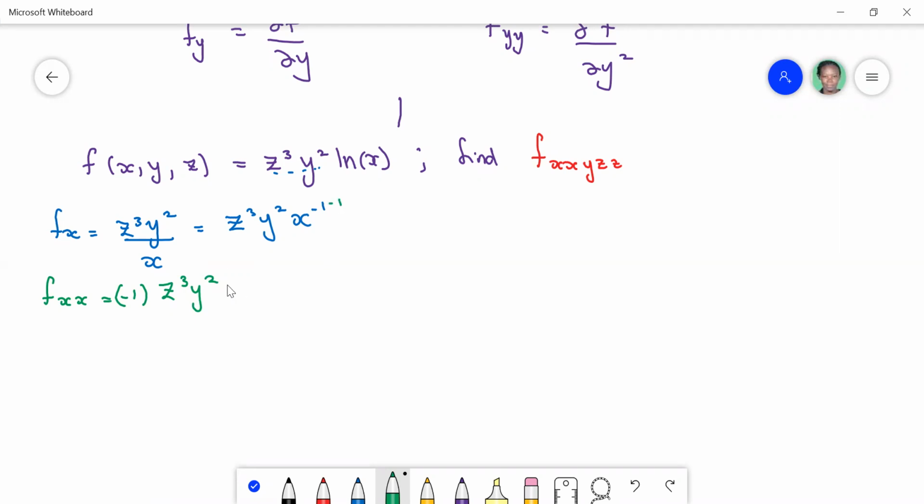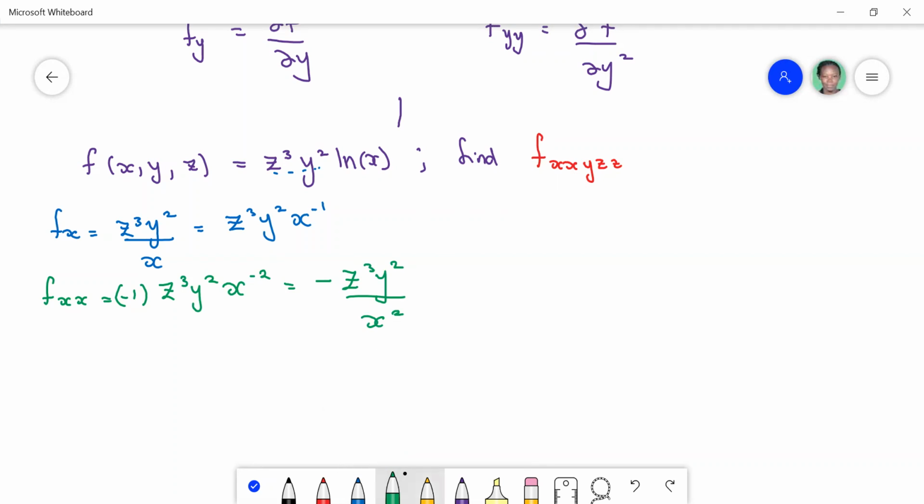And this will give us x to the power -2, which is the same as negative z cubed y squared divided by x squared. That is the second order.